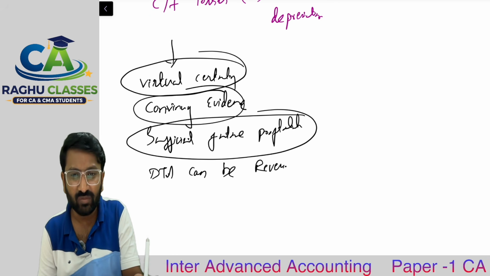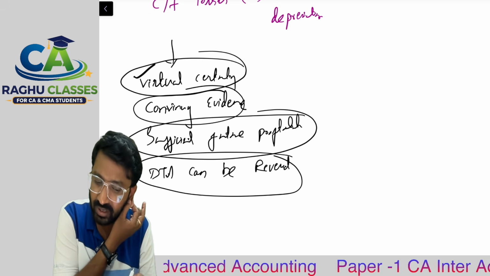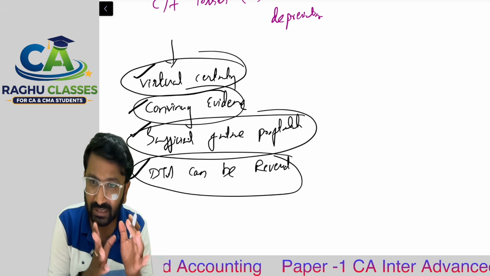Now, there are four keywords that you need to remember. There should be virtual certainty, convincing evidence, sufficient future profitability, and DTA can be reversed.